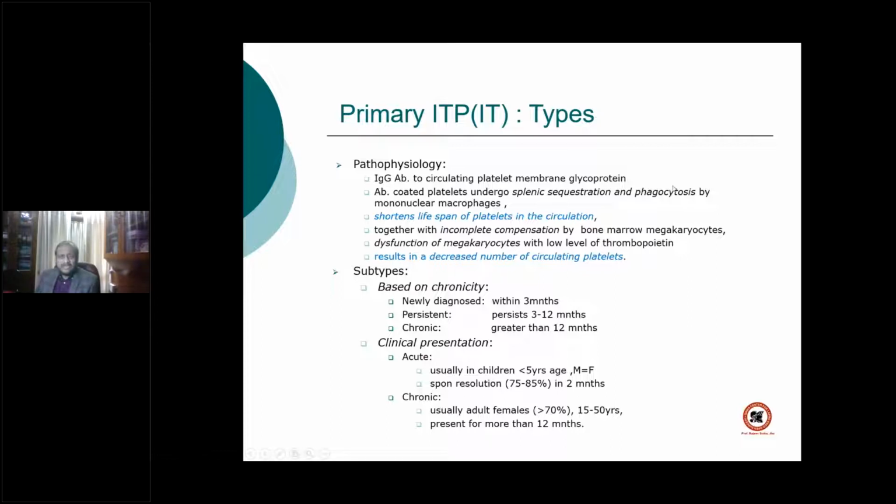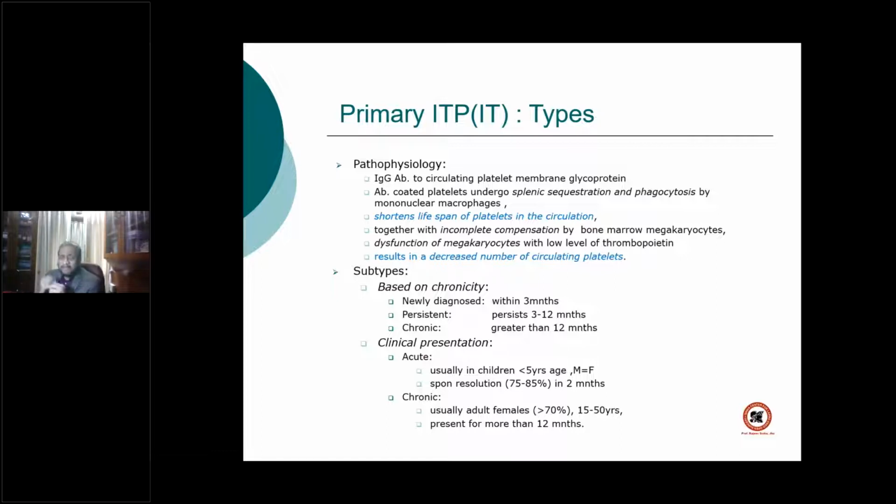Splenic sequestration and phagocytosis of these platelets by the macrophages in the red pulp. Remember the red pulp we talked about last time? So these coated platelets, coated means in the sense where the surface antigen has been coated by a circulating antibody, now become pathological. The macrophage removes them. So that leads to what? Shortening of the lifespan of the platelets in circulation.